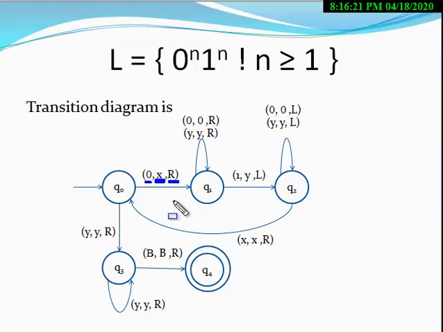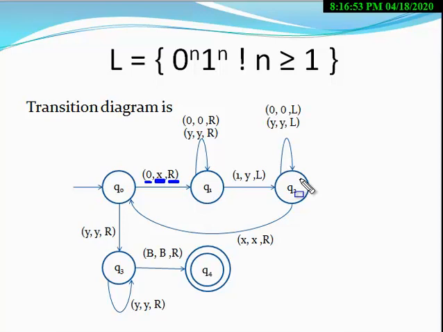The first action, the machine changes its state from Q0 to Q1. The second action, 0 is replaced by X, and the third action is that the head of the machine moves to the right direction.